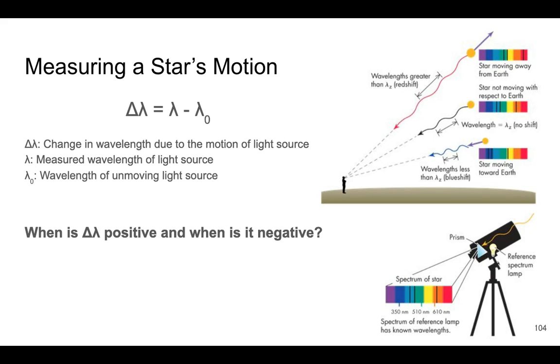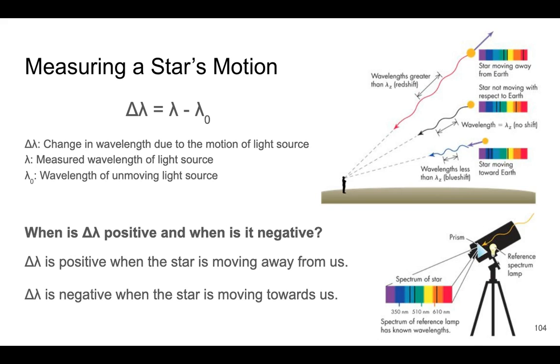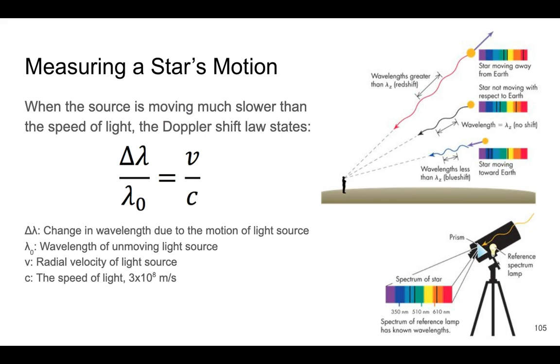Well, it will seem a little bit longer, meaning delta lambda will be positive, when the star is moving away from us. So its wavelength is getting longer. That's what redshift is, and delta lambda will be negative when the star is moving towards you, because that will make the wavelength seem a little bit shorter. So delta lambda, the change in the wavelength, is negative. The wavelength that you're seeing is a little bit less than you thought it should be. So yeah, sorry. Here's the non-relativistic formula for Doppler shift.